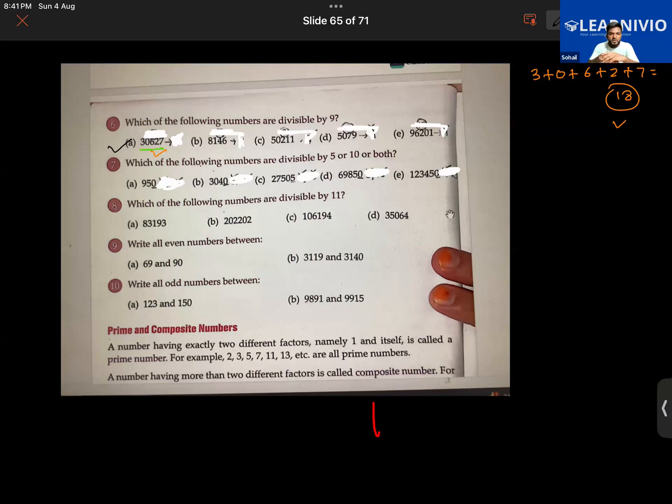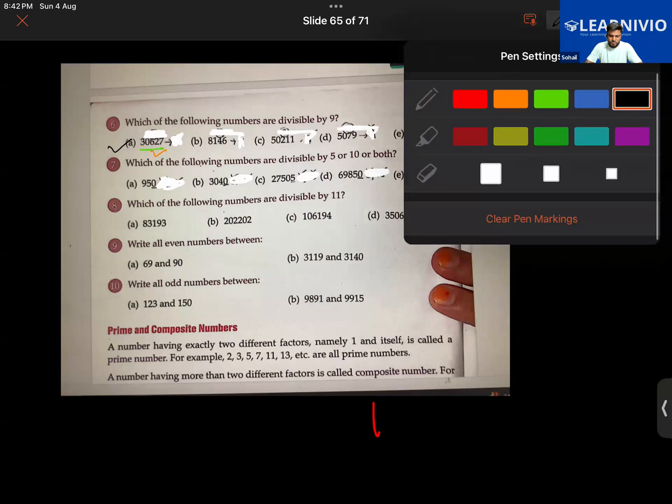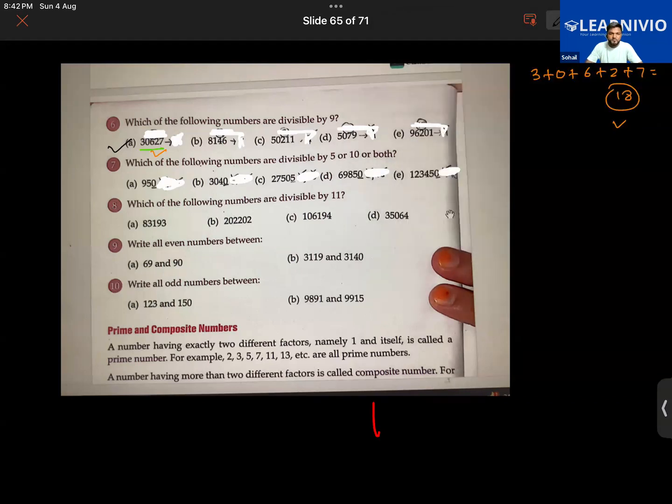What about question number B? I'm doing. So it's not, because the sum is 19. Sir, the sum of the digits is 19, it's not.